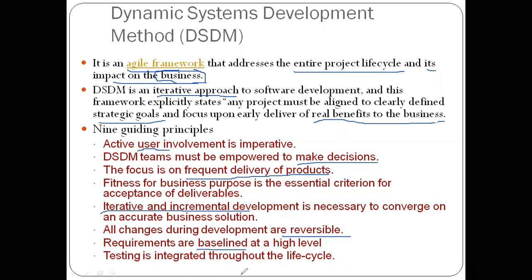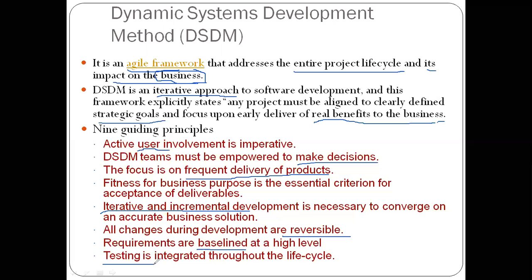Coming to the last point of the principles of DSDM: testing is integrated throughout the life cycle. Testing is involved at each and every level of a project. There are many kinds of testing, such as unit test and acceptance test, and those are involved in this life cycle. Why do we go for testing?